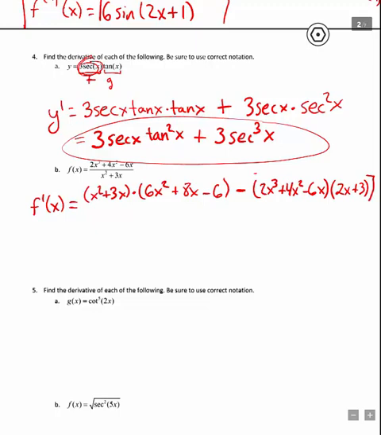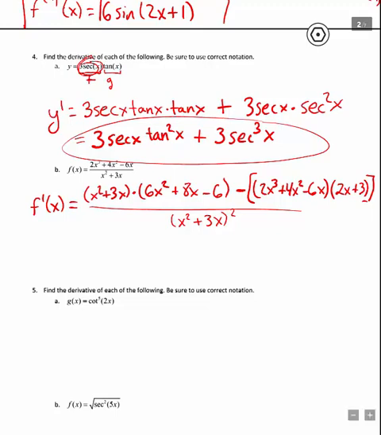If you want to put this all in a big bracket, because we're subtracting all of it, that's a good thing to do. All divided by x squared plus 3x, all squared. If you left this as your answer, I would give you full credit. If you were going to simplify it, you could expand and certain things would cancel.